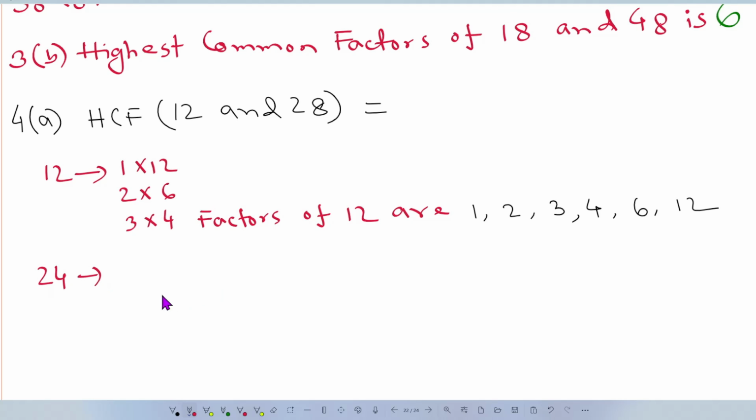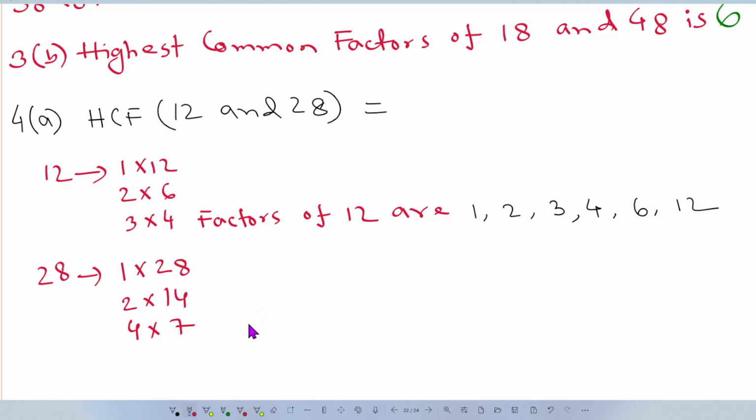28. This one we can write 1 times 28. So 28, then 2 times 14. 3 is not possible. 4 times 7. Right? Then 5, 6 and so on are not factors of 28.